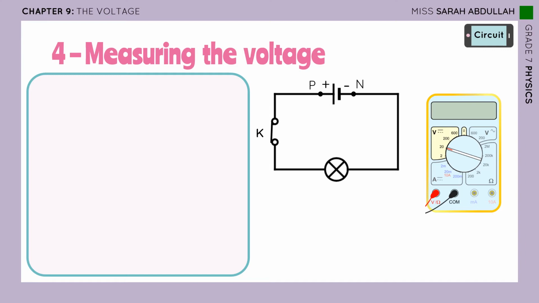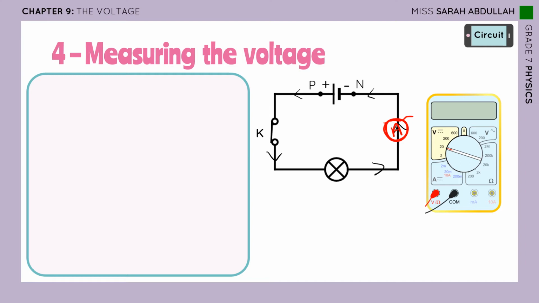Okay, so now that we know that a voltmeter measures the voltage, how can I connect it in a circuit? You remember in the case of an ammeter, when we wanted to measure the current flowing through the circuit, which goes from the positive pole to the negative pole, all we needed to do was to cut the circuit and put the ammeter in the circuit in series with the rest of the components so that they all make one loop.